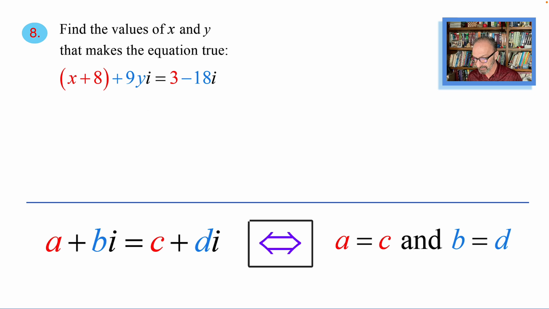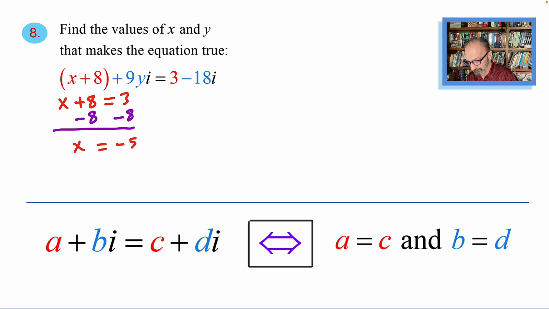In our case, we have the following. We have x plus 8 should equal 3. We subtract 8 from both sides, and we end up with x equals -5. That's for x.